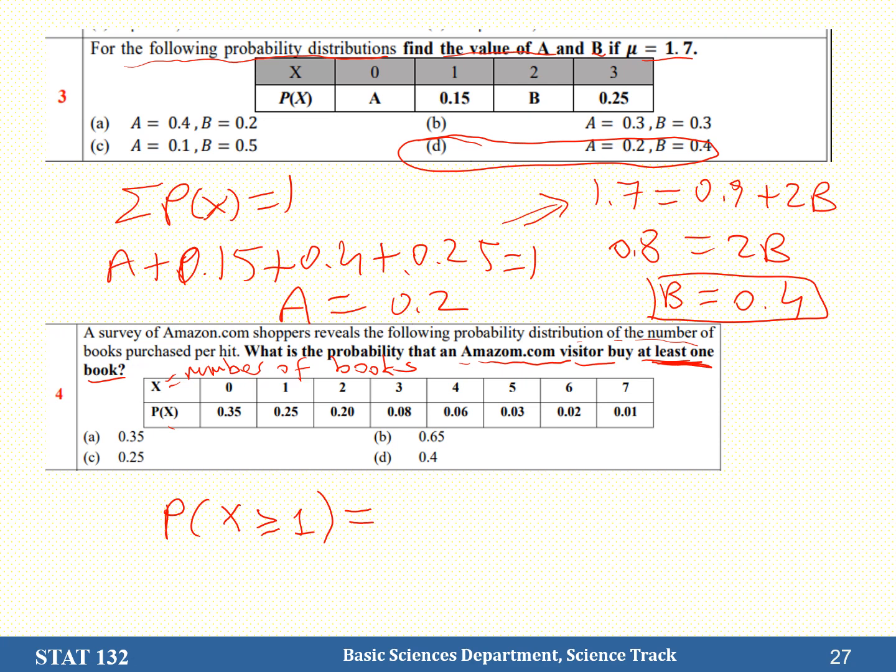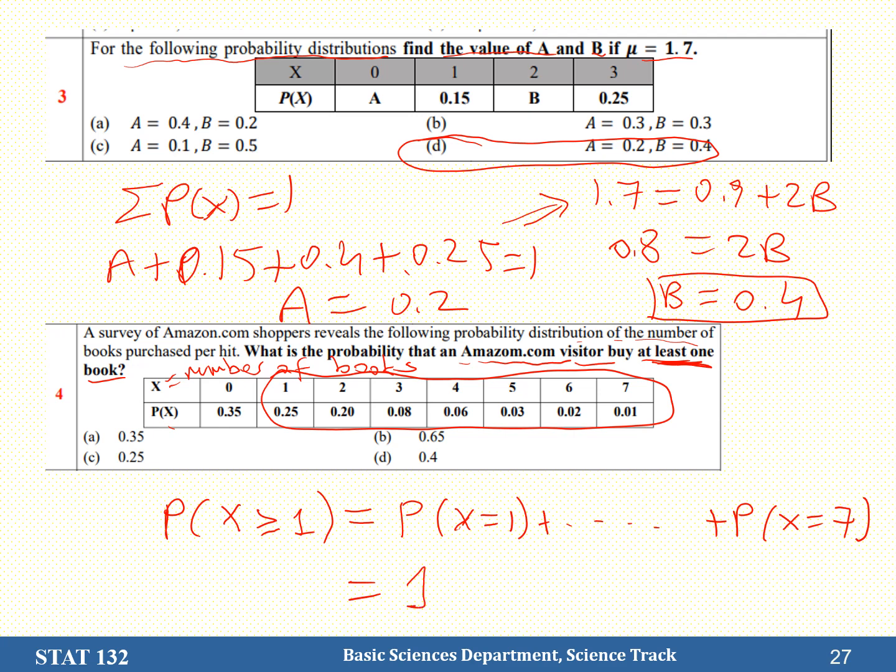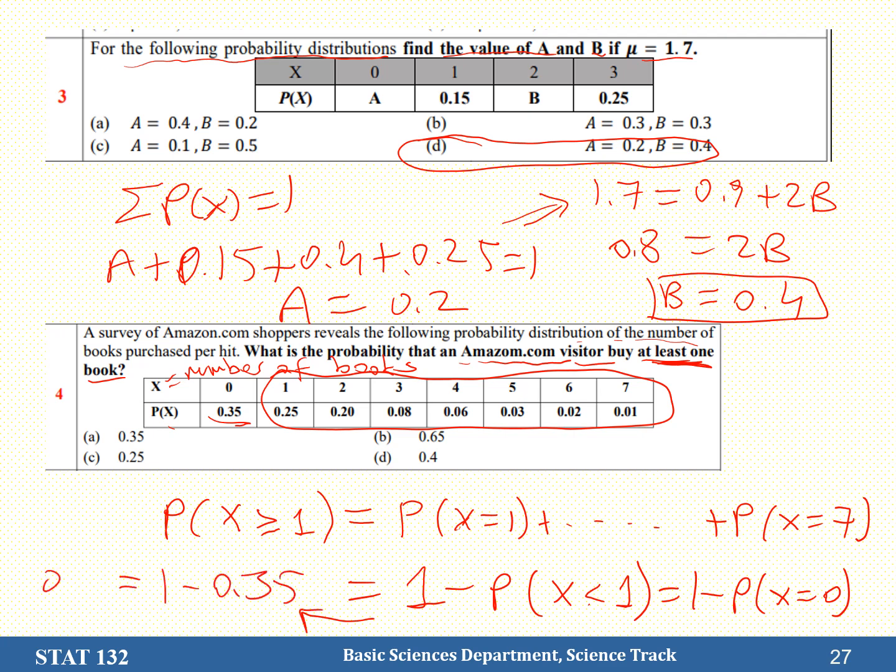So we would have to add all the probabilities from 1 to 7, but this is long. So instead, we can use the complement. This is 1 minus the probability that x is less than 1, which is 1 minus p of x equal to 0. So it will be 1 minus 0.35, which is 0.65.